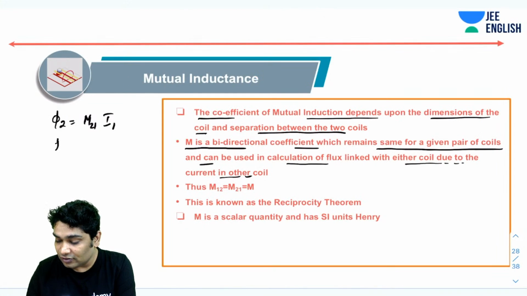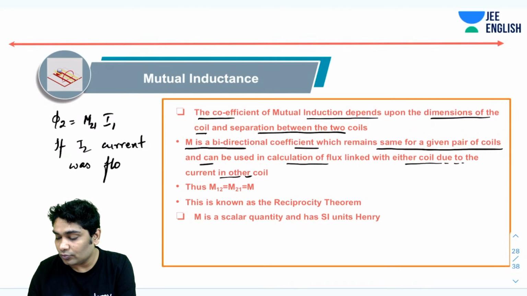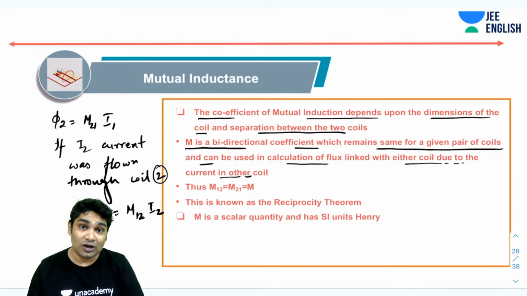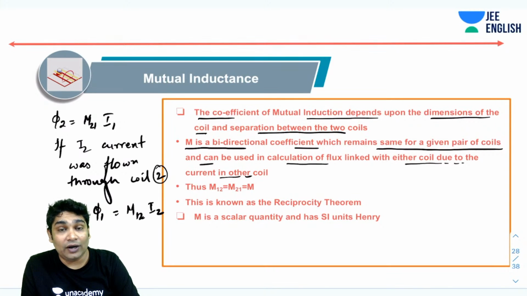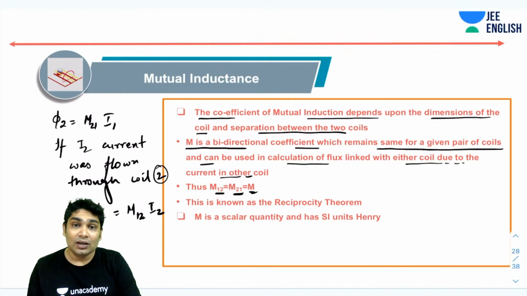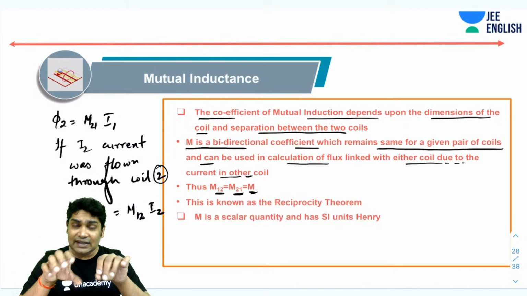If current I2 was flowing through coil 2, then you would have realized that phi in 1 would have been equal to some M12 times I2, right, where M12 is called the mutual induction coefficient of coil 1 with respect to 2. Now, it turns out that M12 is always equal to M21, which can be replaced as M, because both are depending on the relative sizes and relative positionings.